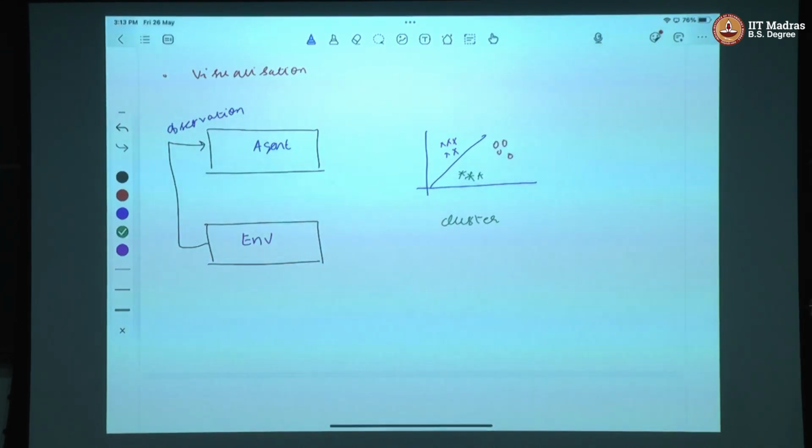So just grouping data together and visualizing the data. You are not making any decisions on the data. This is just for the agent's internal representation.